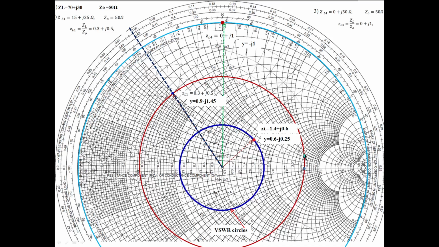You can read other values, but they are all lesser than whatever you observe here. So starting from here you move like this, whenever the VSWR circle intersects you stop, read the impedance, that is the maximum impedance. What is the value written here?